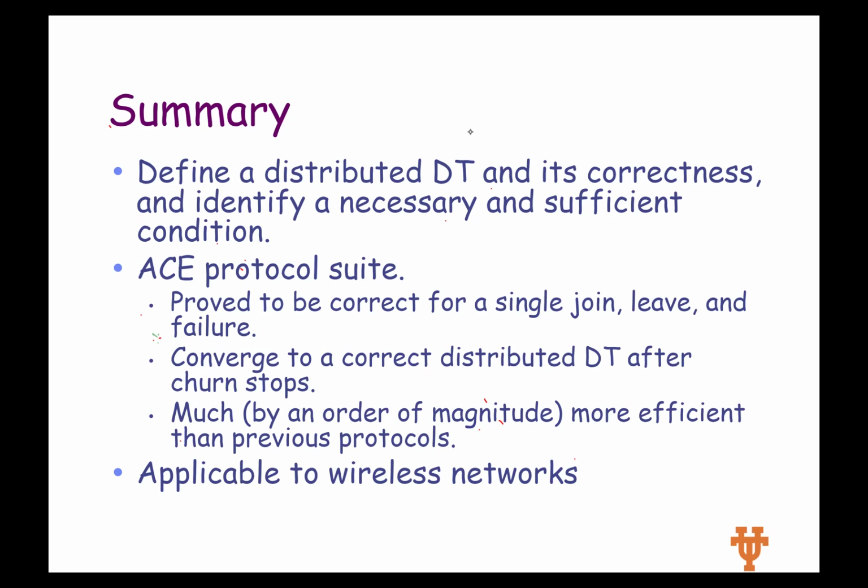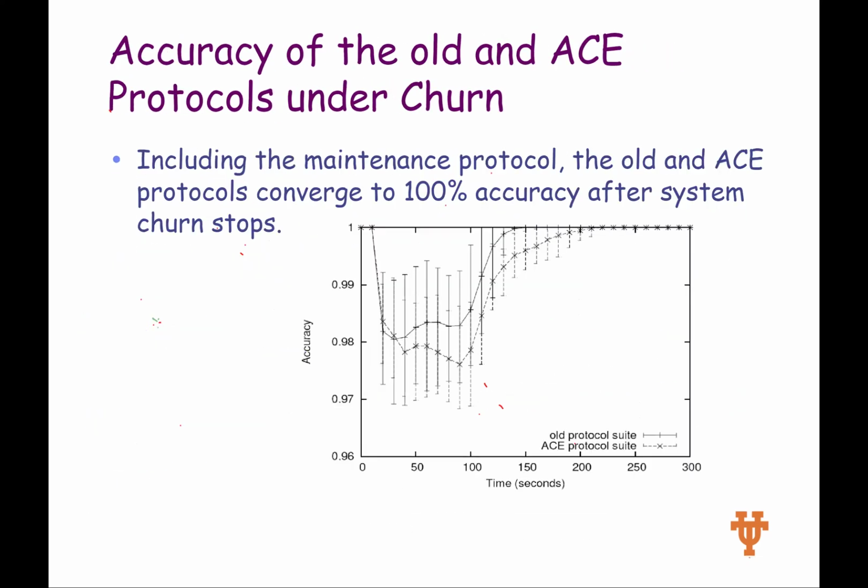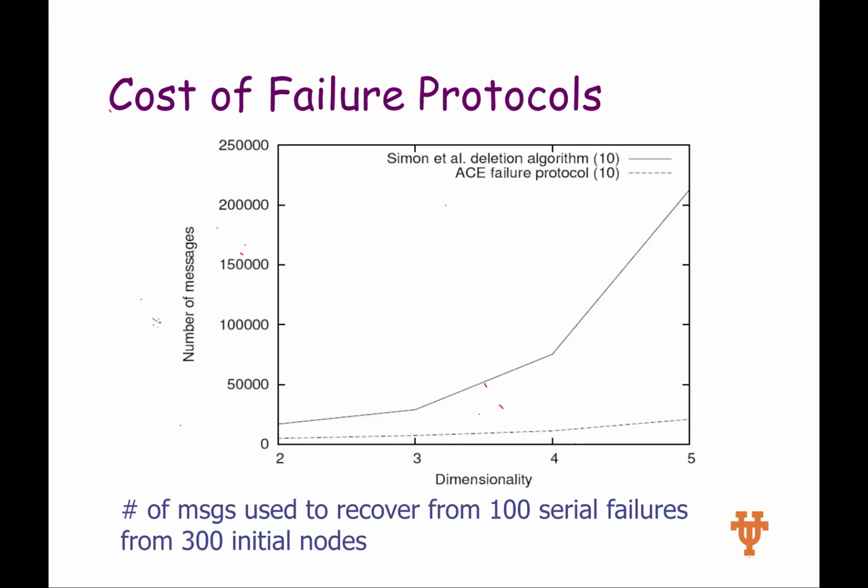That's too many. And also from the figure, we see that even with just 5 dimensions, the cost increases significantly. So this ACE probably only works for 2 or 3 or 4 dimensions. But in reality, probably for each application, 4 dimensions would be sufficient. I don't know.